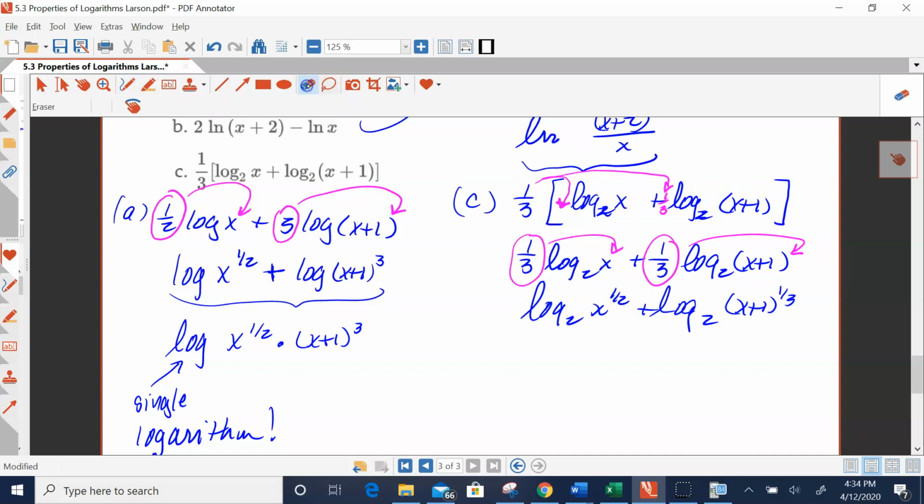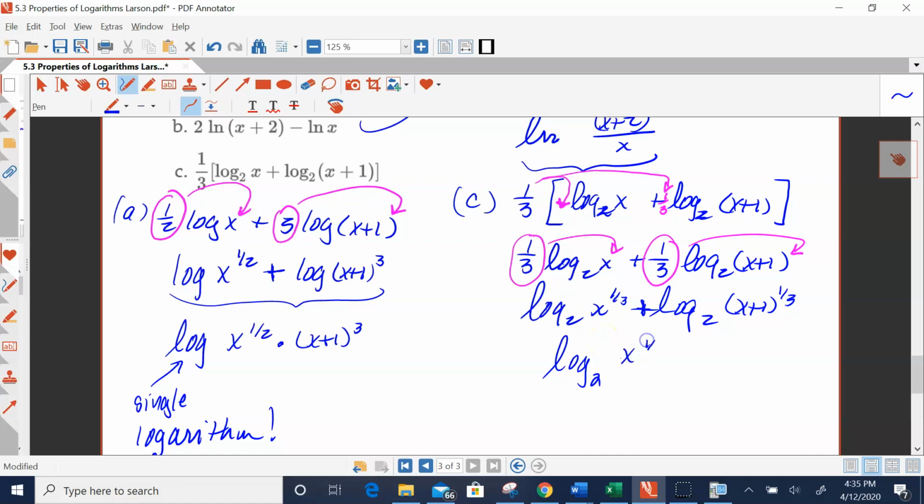Oops, that's a third. So brackets are taken care of. Coefficients are taken care of. The last thing is, let's look at this addition. That means these two arguments were originally multiplied. So I'm going to combine those with multiplication.